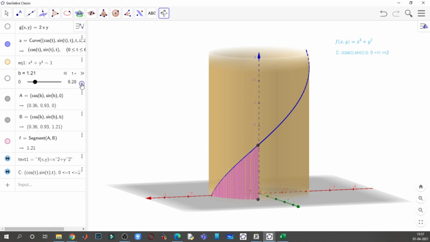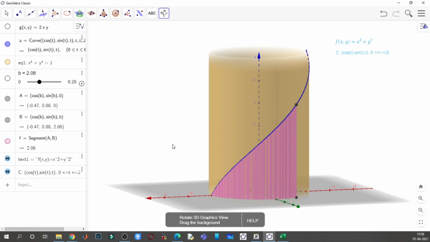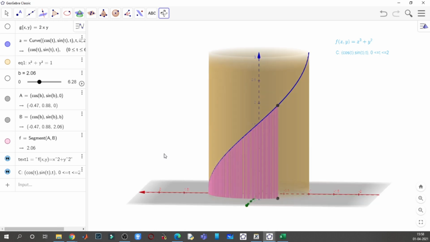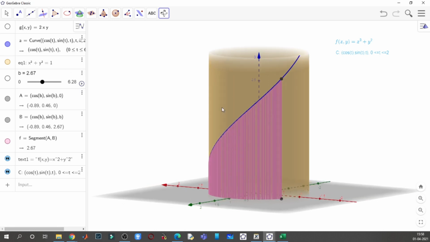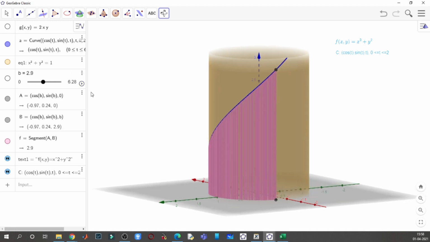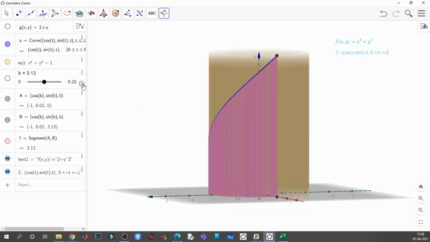See, do you visualize the portion, the pink colored shaded region? The value of this pink shaded region, right, is the line integral. See, that means suppose this is a tank and you want to paint this tank with this particular shape, then how much color you want, that quantity is the line integral.